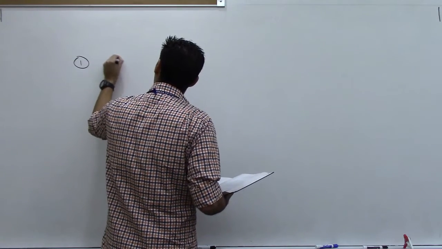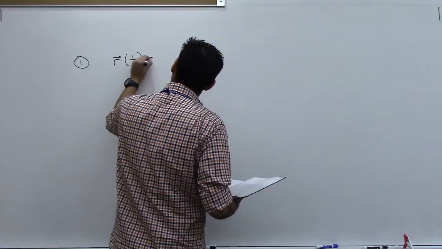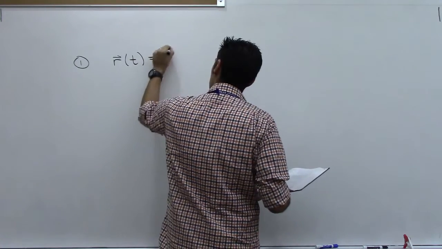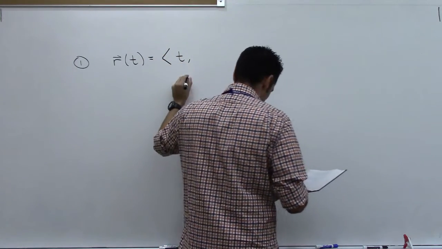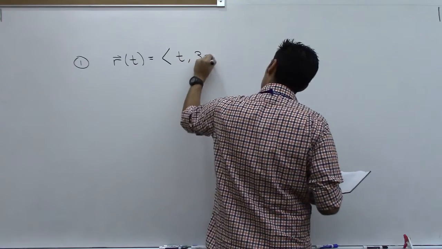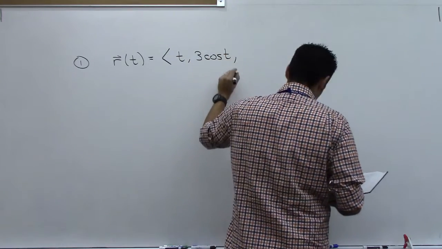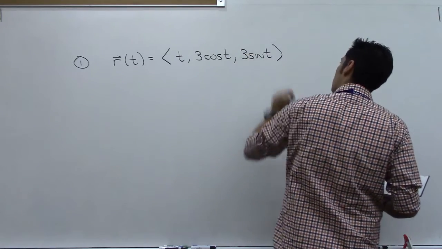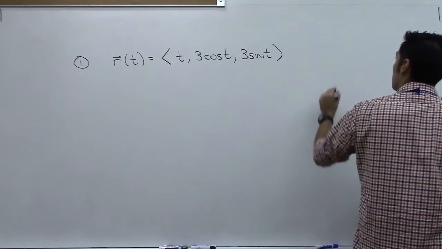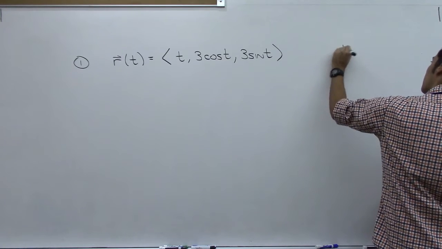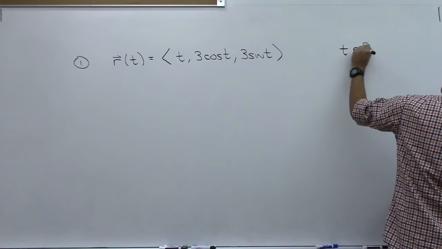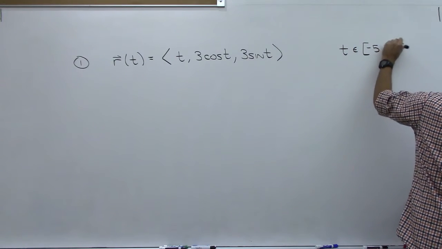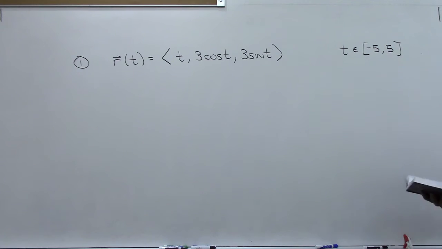So they give us r of t equals this three-dimensional vector function t, 3 cosine t, 3 sine t. And they're looking for the length of this on the interval where t is an element of the closed interval -5, 5.